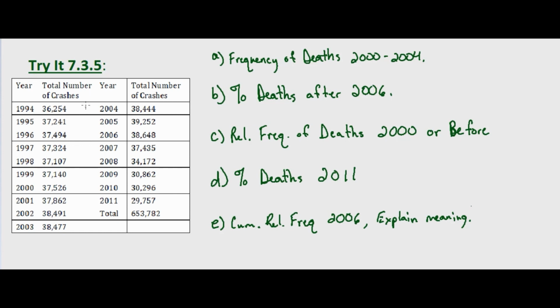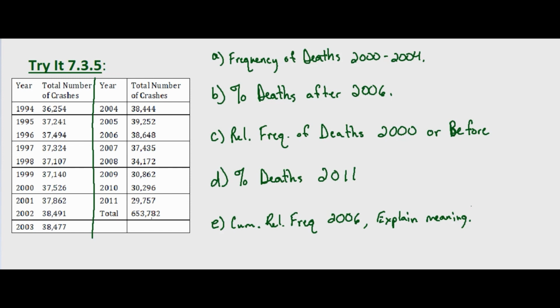It's broken up into two main sections of columns: a year in the first column with the total number of crashes in the second column, then another set of years and the total number of crashes corresponding to those.